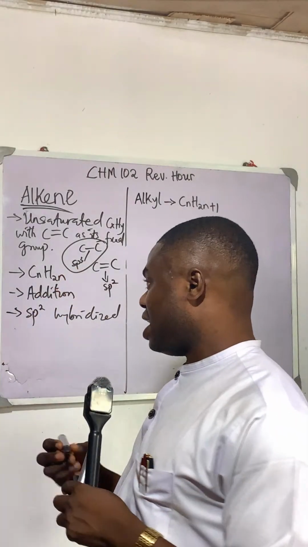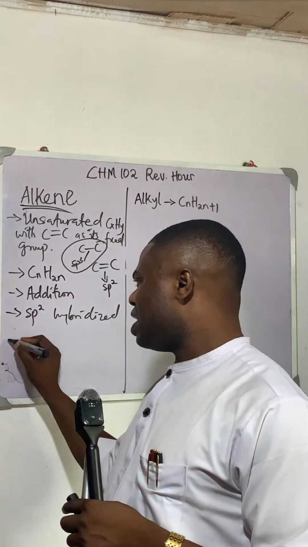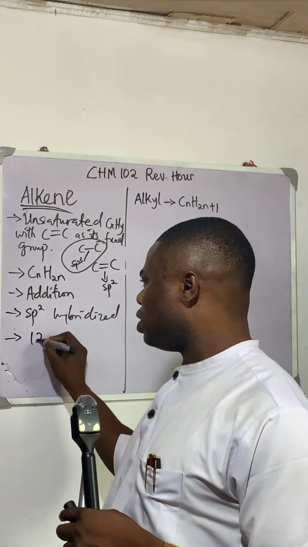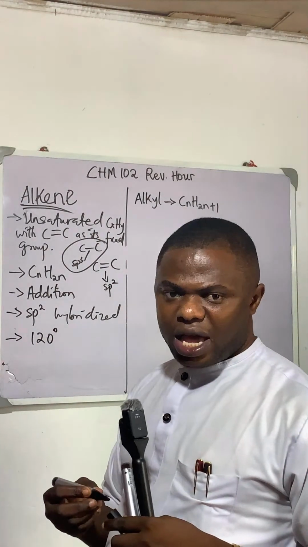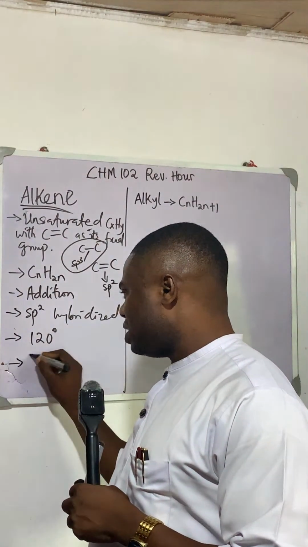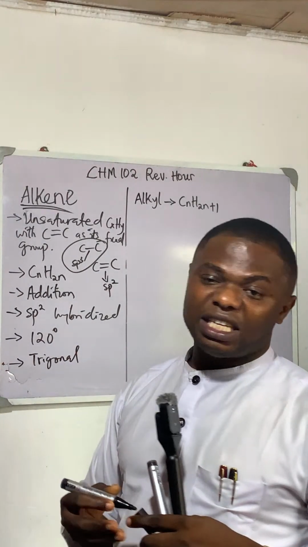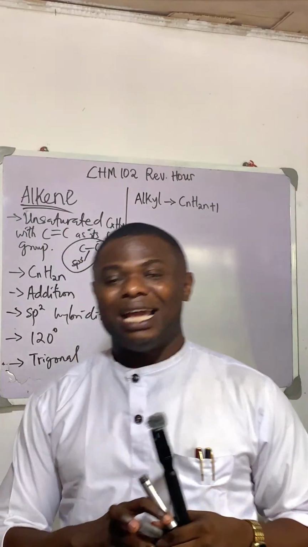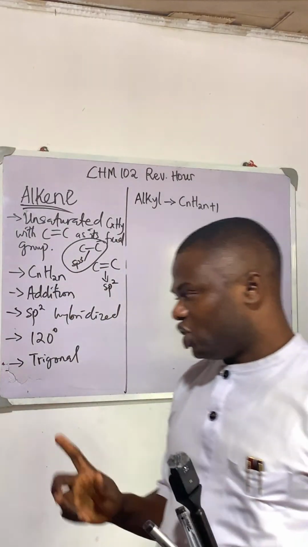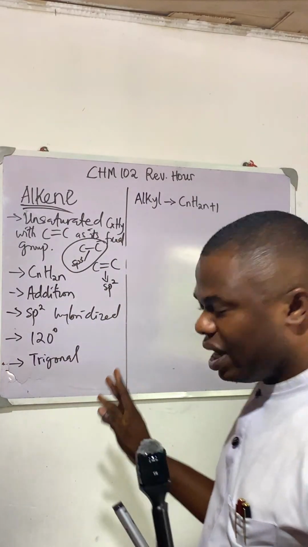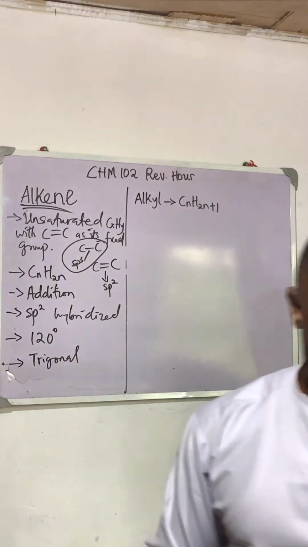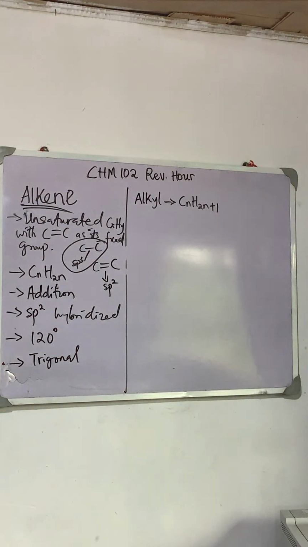I said this before, in alkane. Because of this, you have the bond angle of 120 degrees, and owing to this bond angle, it is trigonal in shape. At times I tell you trigonal planar. It is trigonal in shape.